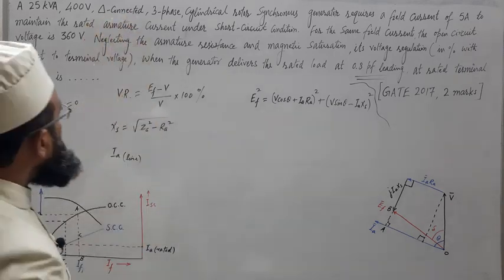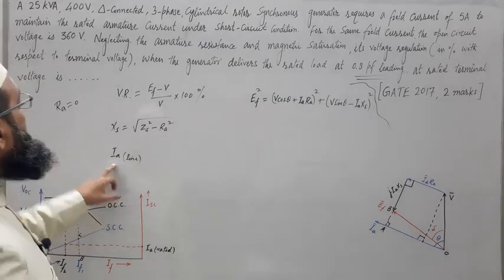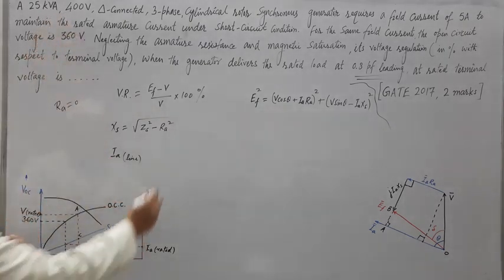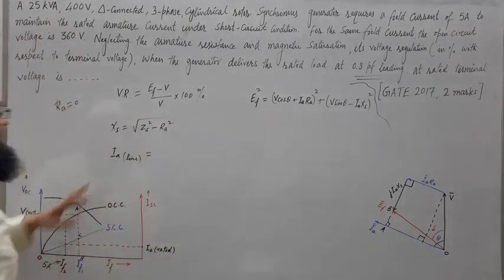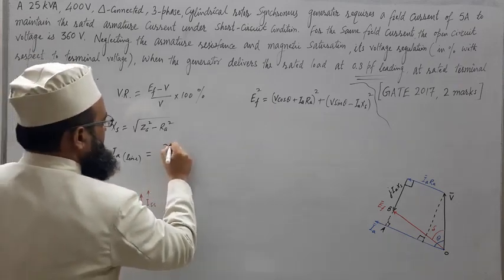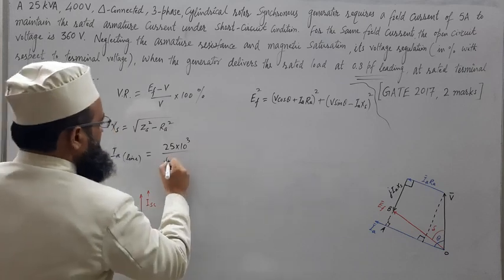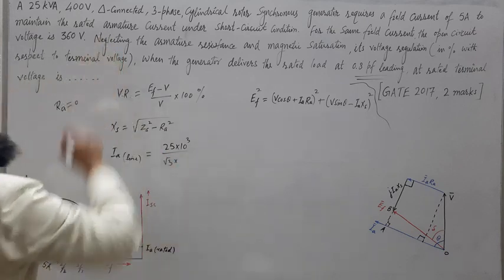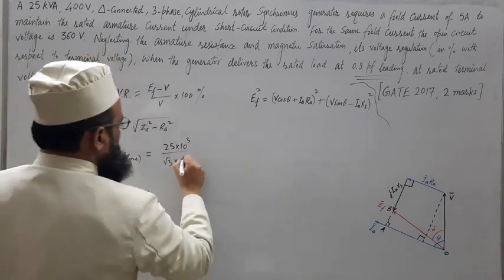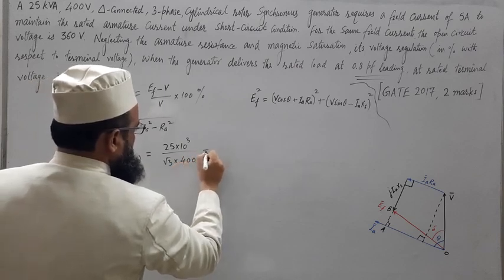For evaluating armature current, first evaluate line current. So this is nothing but 25 kVA, 25 into 10 to the power 3 upon root 3 line voltage. Here in delta both will be the same, line and phase, whatever, 400.